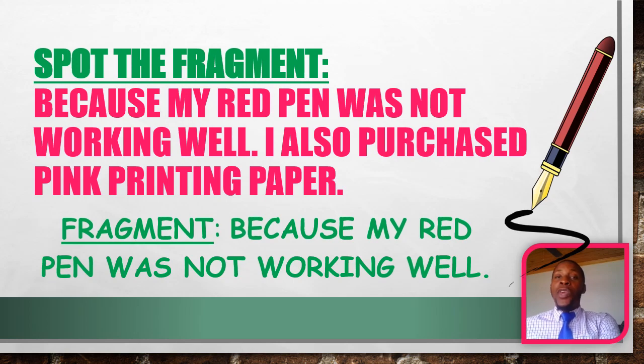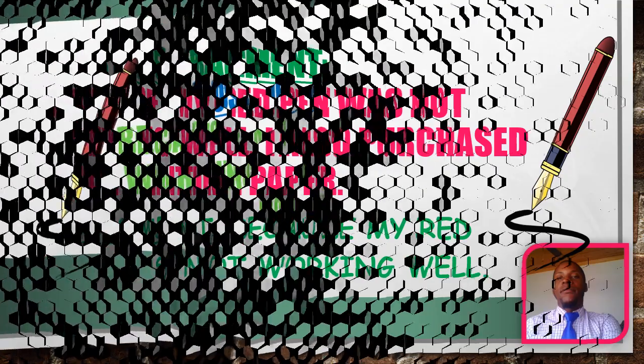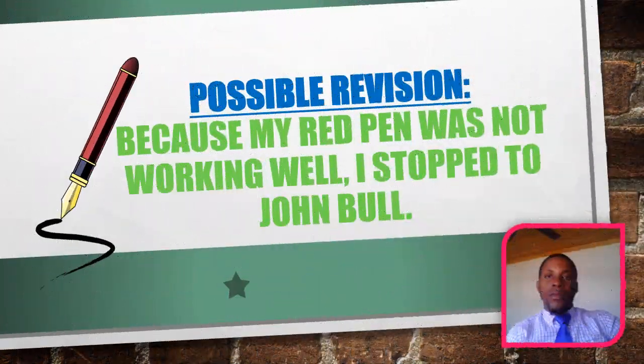Let's see how we can correct this. One possible way of revising the sentence is, because my red pen was not working well, I stopped to John Bull, full stop.